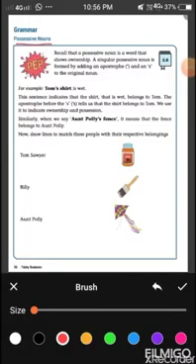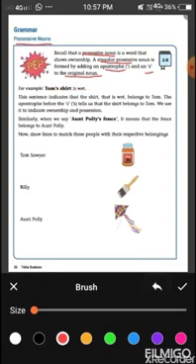Possessive nouns. Recall that a possessive noun is a word that shows ownership. A singular possessive noun is formed by adding an apostrophe and an S to the original noun. For example, Tom's shirt is wet.